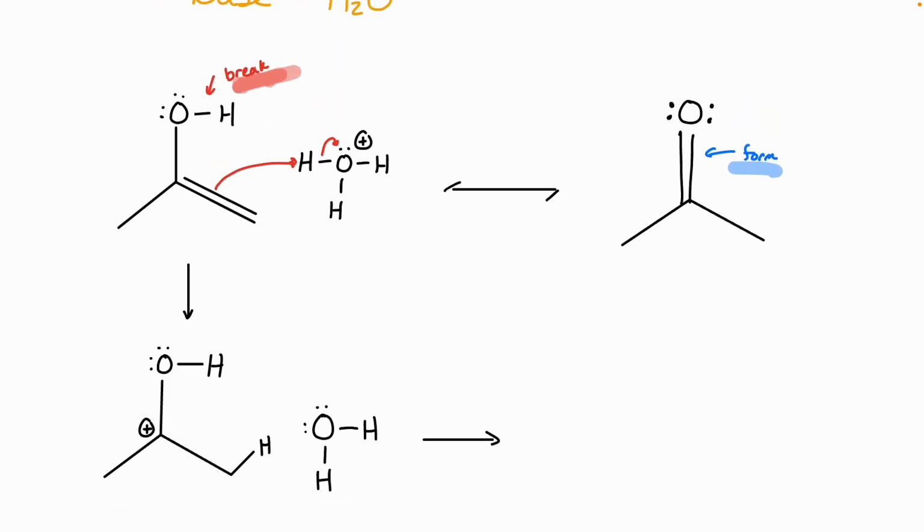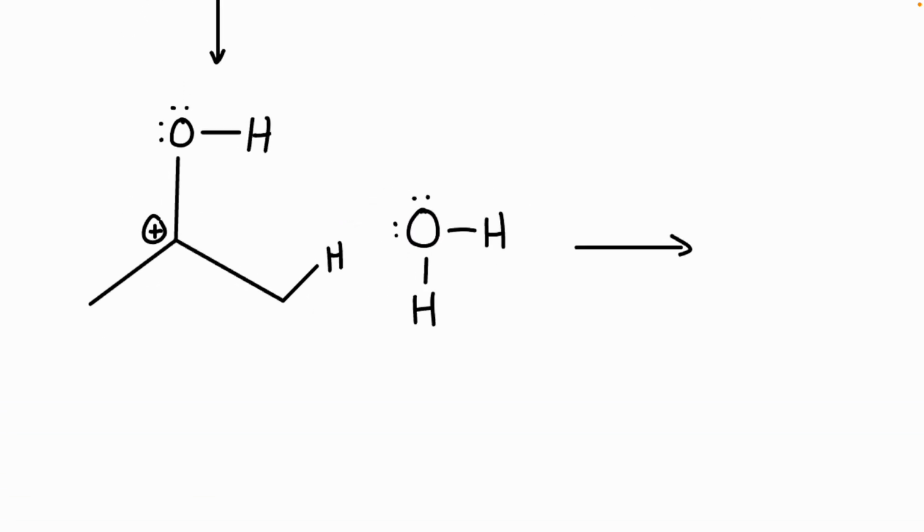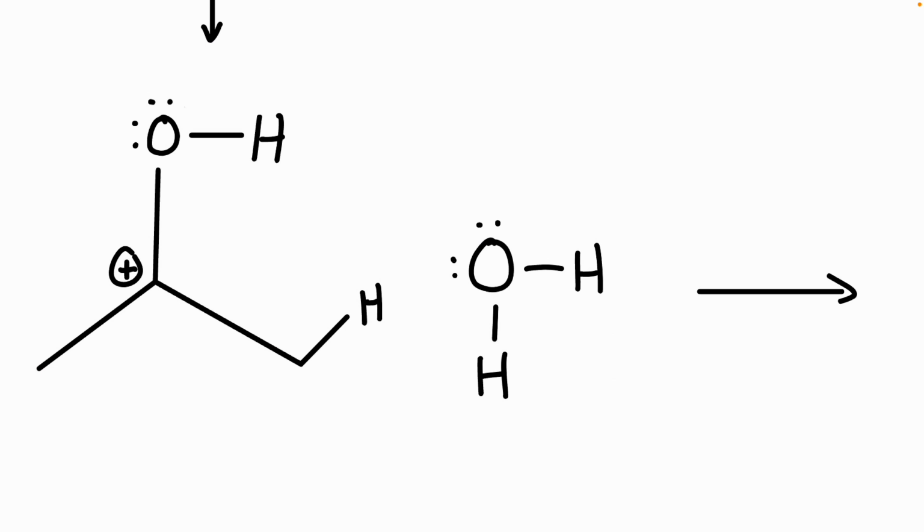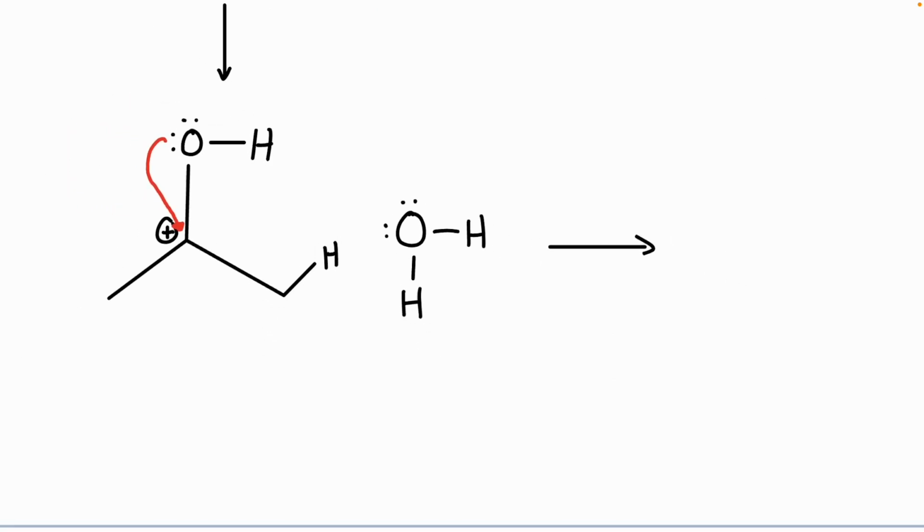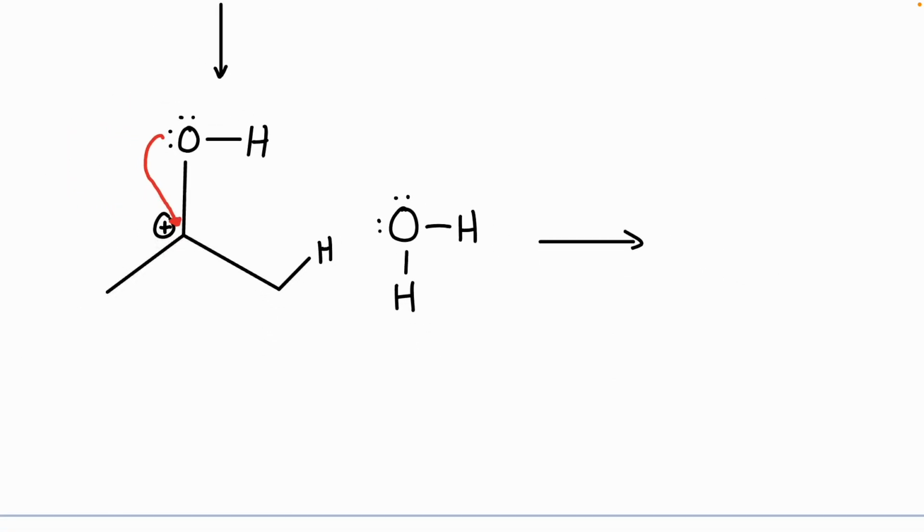All right, well, then let's try the other thing. Let's form our new carbon-oxygen bond. Okay, so I'm going to take a pair of electrons from that oxygen, bring it down here to form that new carbon-oxygen double bond.